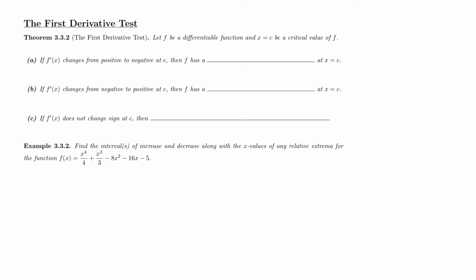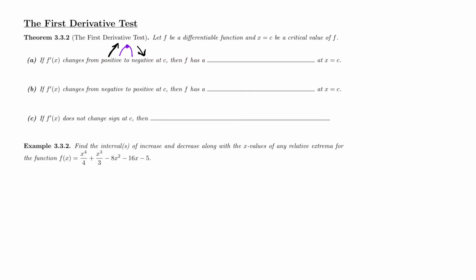So how did I do that nifty magic trick there? Well, if you have a derivative that changes from positive to negative, so positive to negative would be increasing to decreasing, if it goes from increasing to decreasing, you have a maximum.